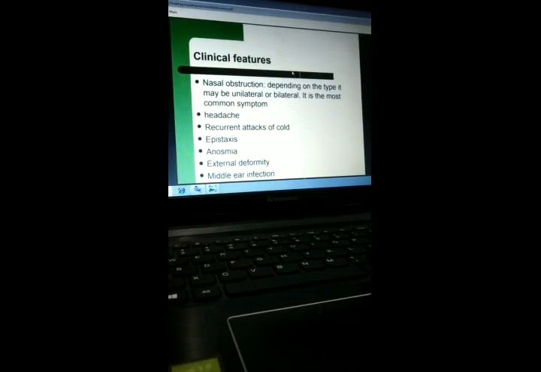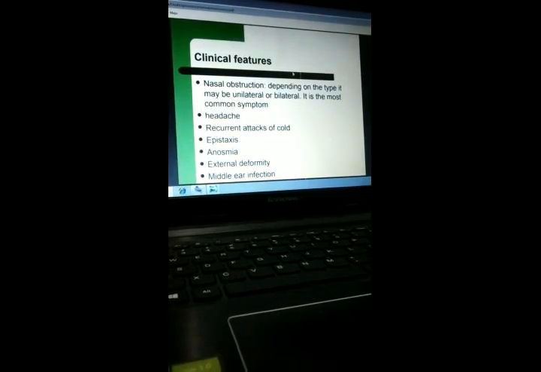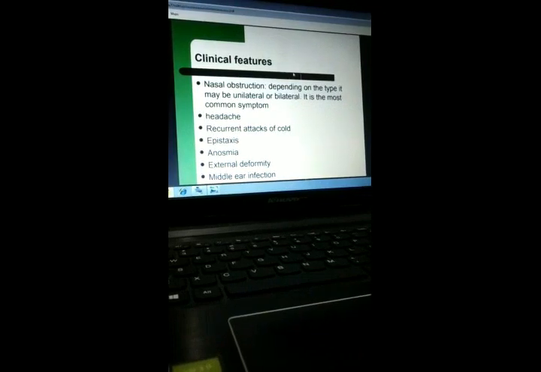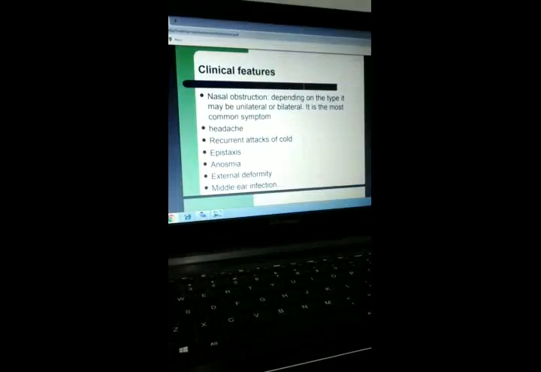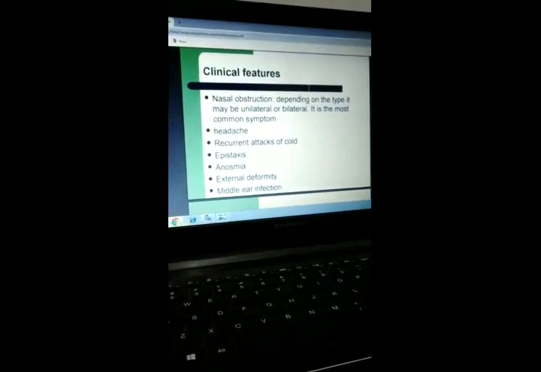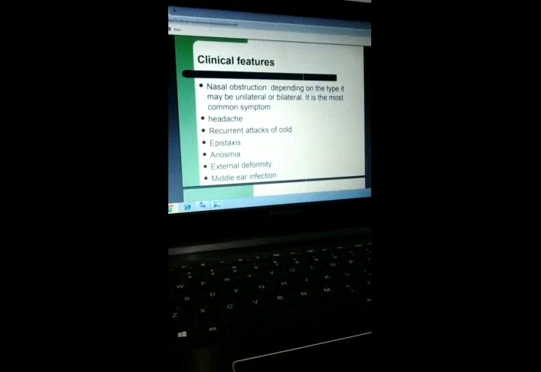Bleeding may also occur from vessels over a septal spur, because the spur stretches the vessels over it.